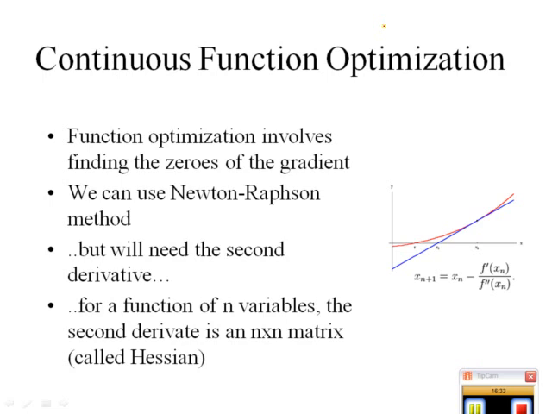The only difference is, if this function was my f dash, then what Newton would say is take x(n+1), the next iteration x value, to be the current iteration x value minus f dash by f double dash.